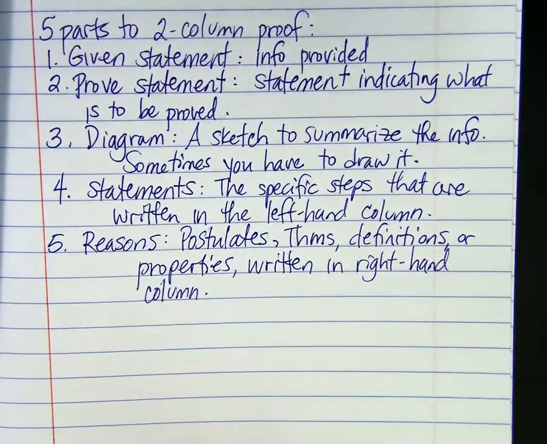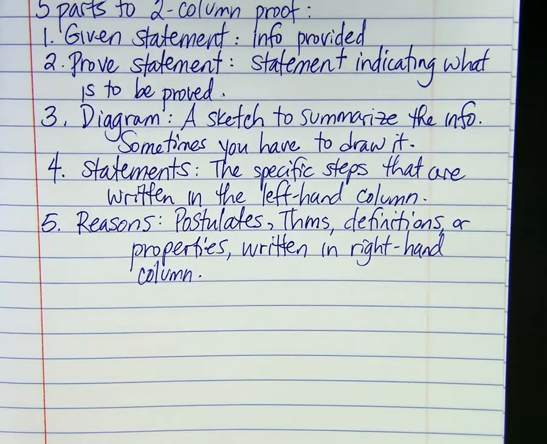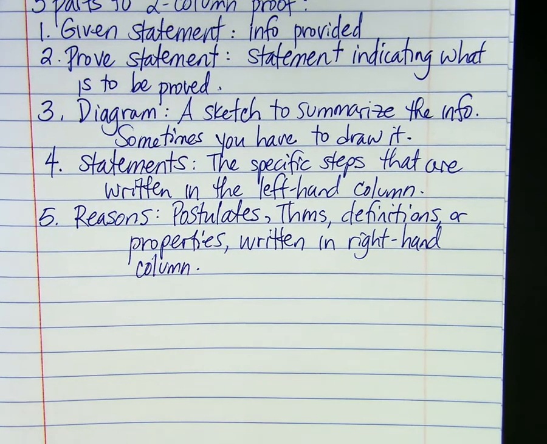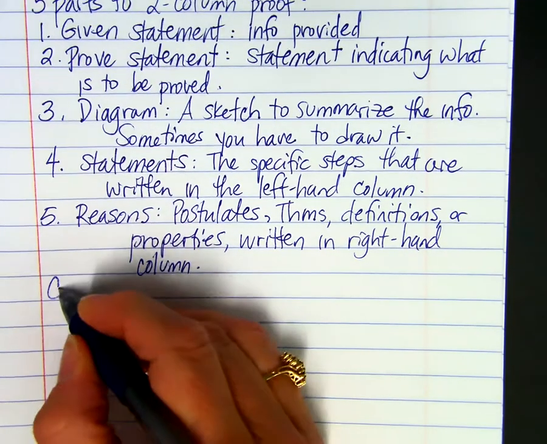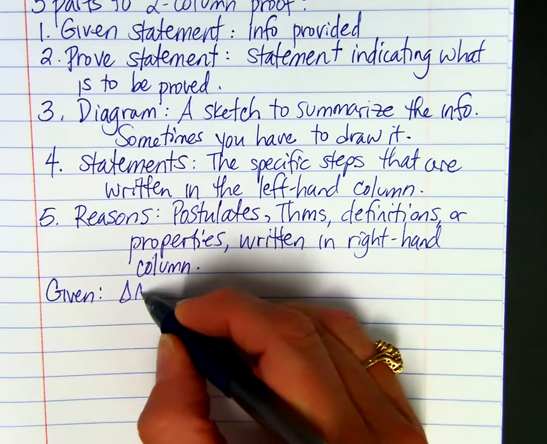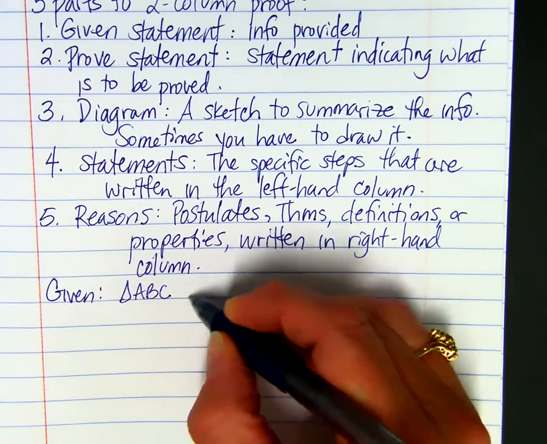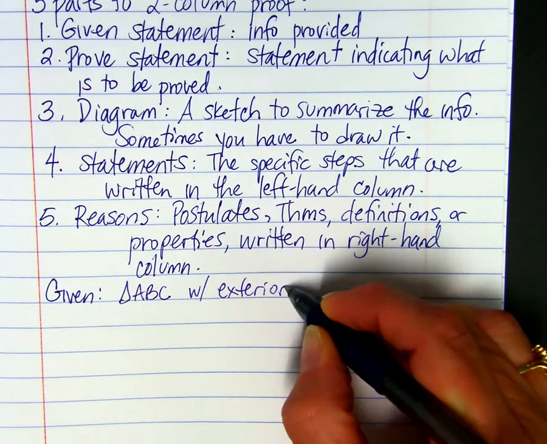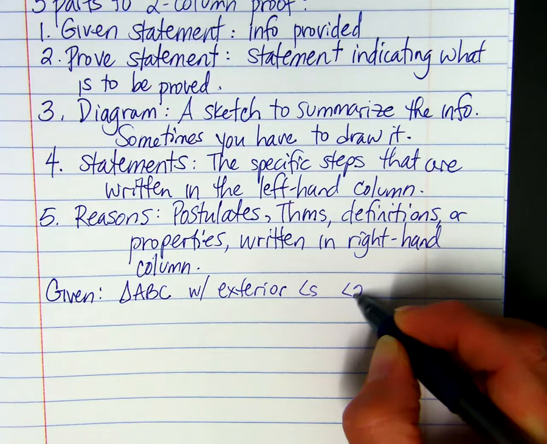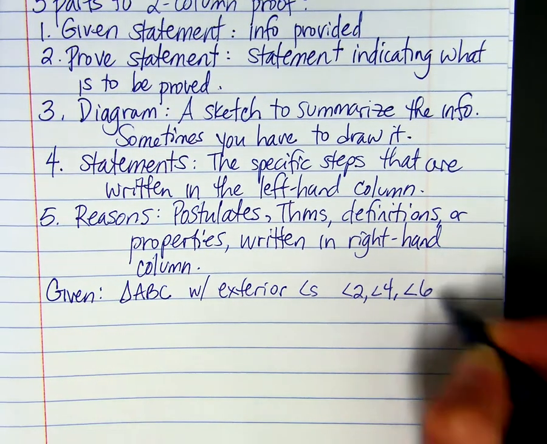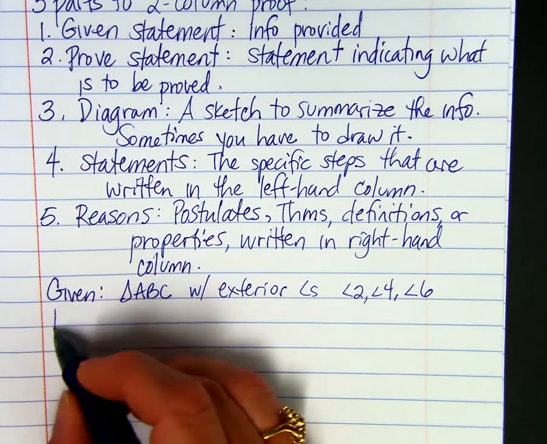So I'm going to do an example of a two-column proof and what it would look like. So we have given triangle ABC with exterior angles, angle 2, angle 4, and angle 6. Prove.